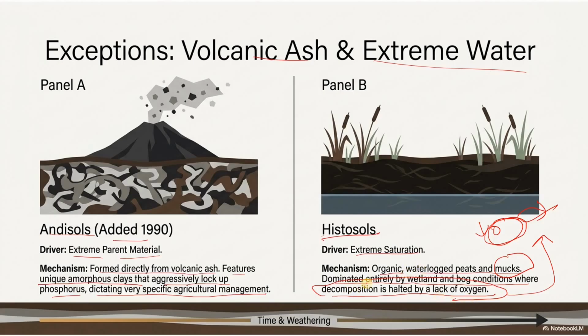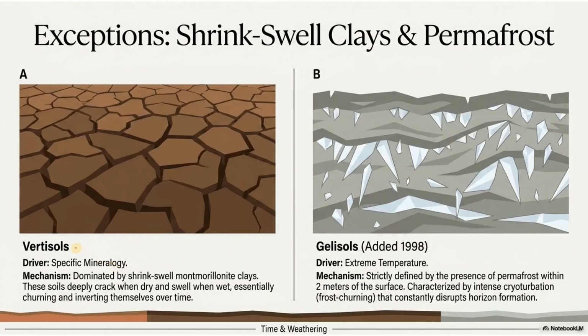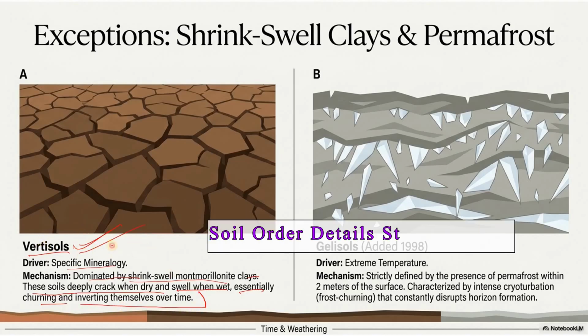Then the other two exceptions. Vertisol: specific mineralogy dominated by montmorillonite clays. These soils deeply crack when dry and swell when wet, essentially churning and inverting themselves over time. These are the regur soil or black cotton soil, and Verti means clay.